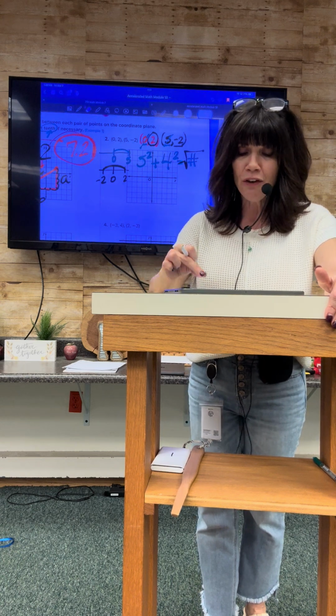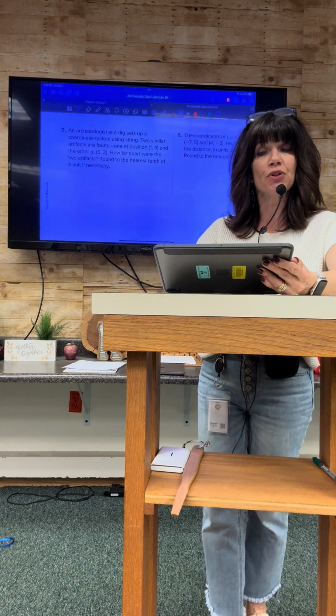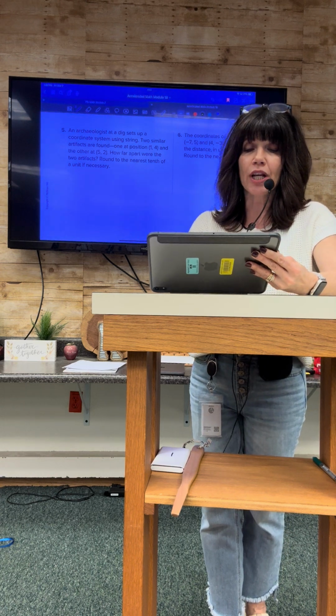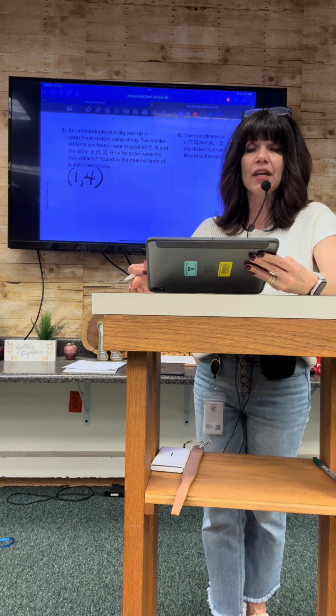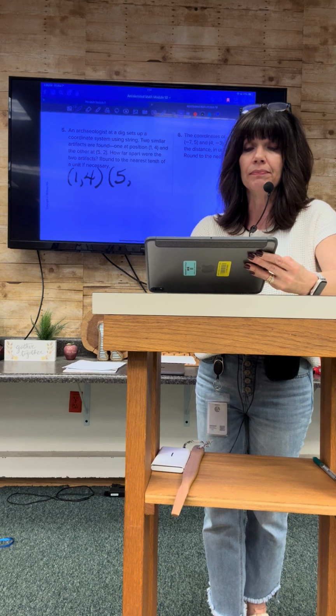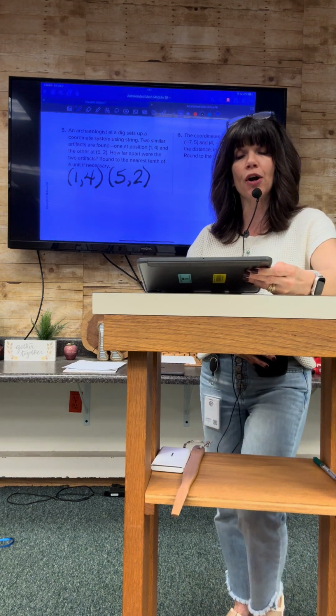All right, if we were to go ahead and talk about item number 5, let's take a look at that. An archaeologist at a dig sets up a coordinate system using string. 2 similar artifacts are found, one at position (1, 4), class, write those down below, and the other at (5, 2). Please write that below. Then they ask, how far apart were the 2 artifacts?